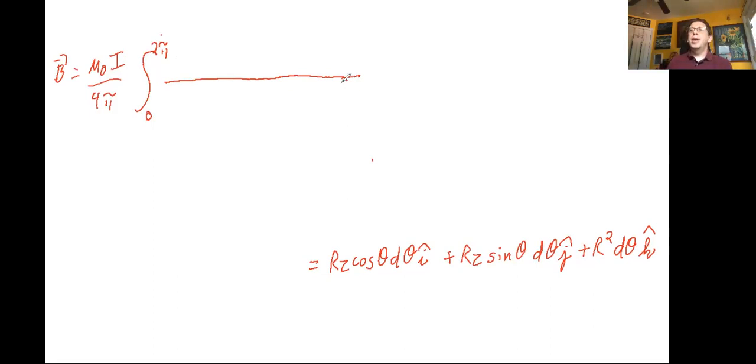So you basically square the individual components and add them together to get the magnitude, and then cube it. And so it's the square root of capital R squared plus c squared, but you're cubing that. So that becomes capital R squared plus c squared to the 3/2 power. Notice we're not integrating over z, so this is a constant term.